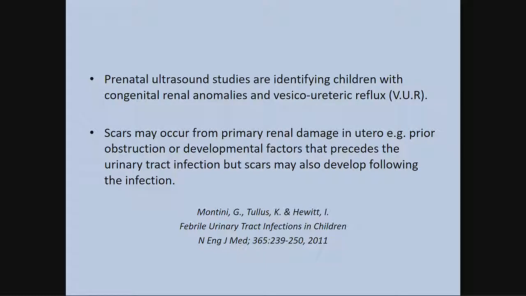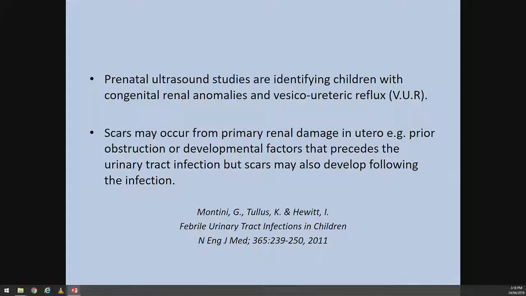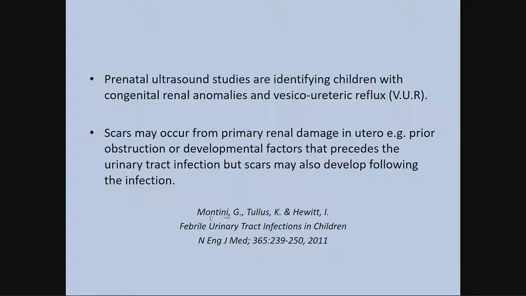Now, this is from a review article that was published in the New England Journal of Medicine, and these authors, Montini from Italy, Tullus from England, and Ian Hewitt from Perth, Western Australia, wrote this review article on febrile urinary tract infections in children.